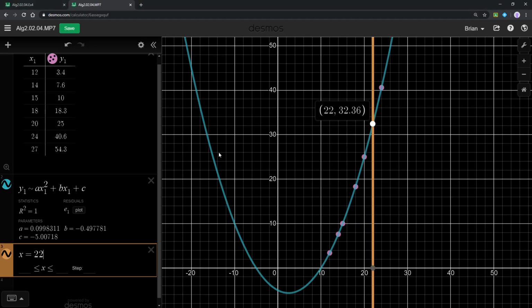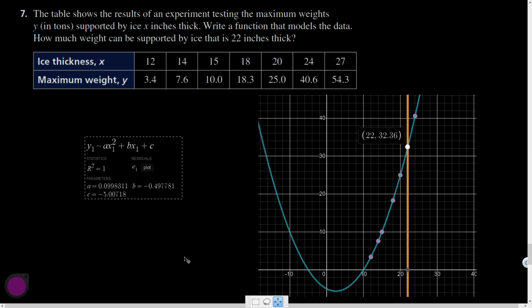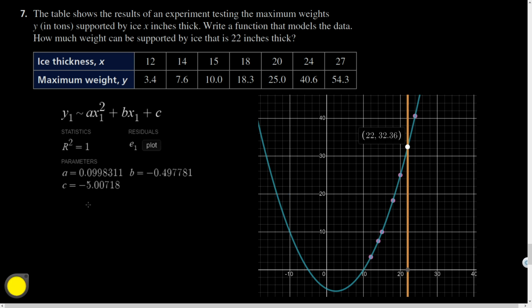They wanted the model of the function. Okay, all right. I'll give it to them. And so notice when I did this, not only did it graph it, but it also gave me the values of A, B, and C down here. And R squared equals 1 means it's 100% accurate. This graph hit every single one of those points is one way that you could think about it.